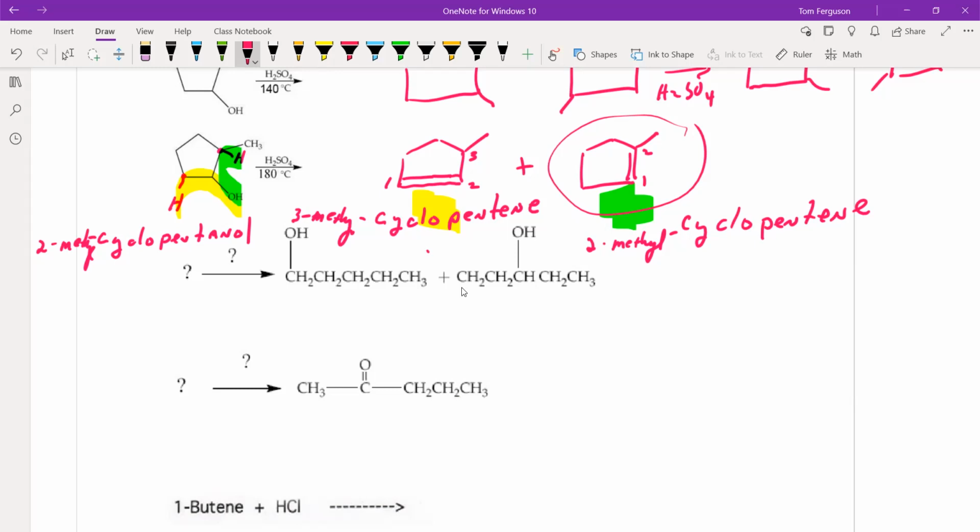Tell you what, let's do this differently here. Let's make them separately. So how will we make the first one? That's a primary alcohol. How could we make that?